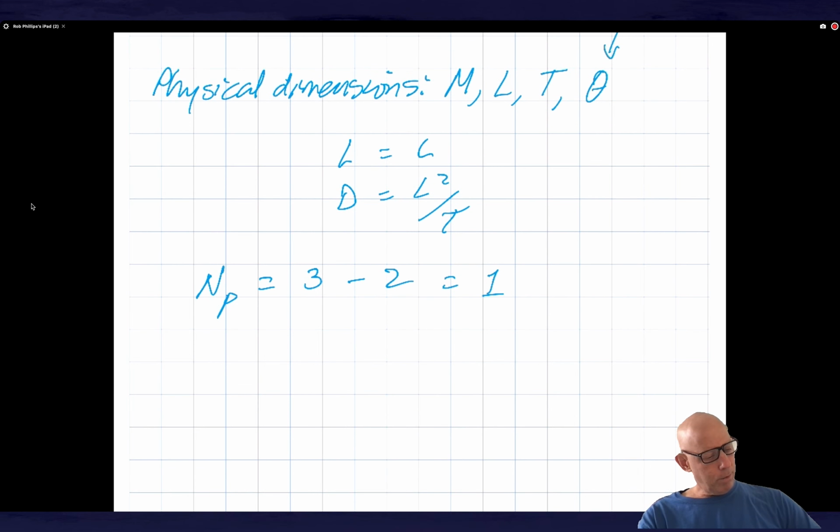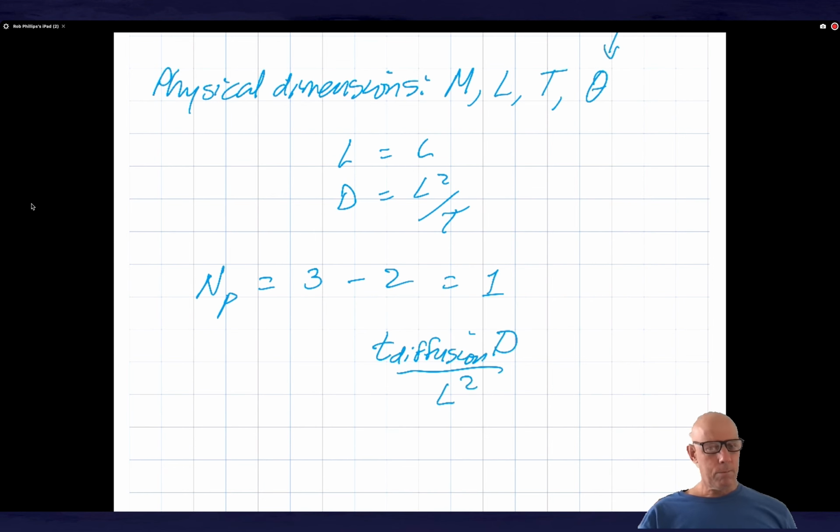And that dimensionless parameter I just wrote was T diffusion times D over L squared. So that's the single dimensionless ratio that can be constructed for our problem.